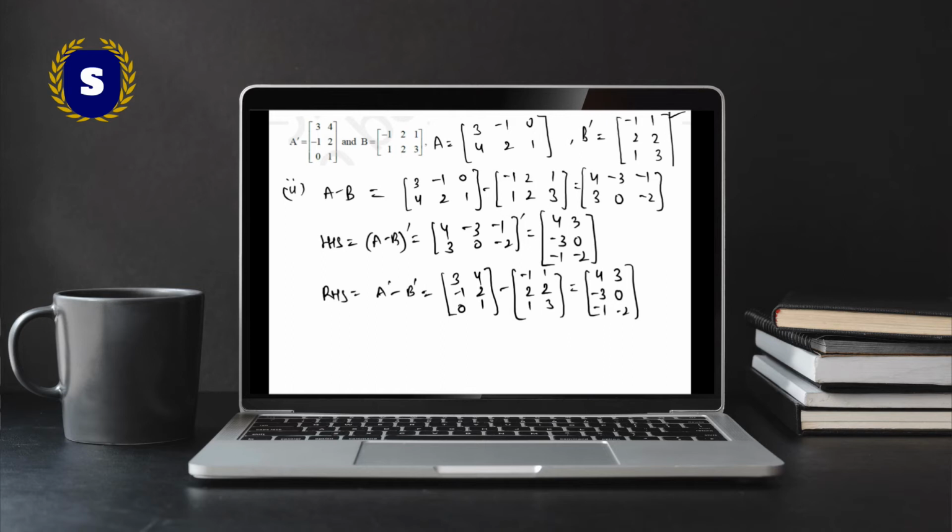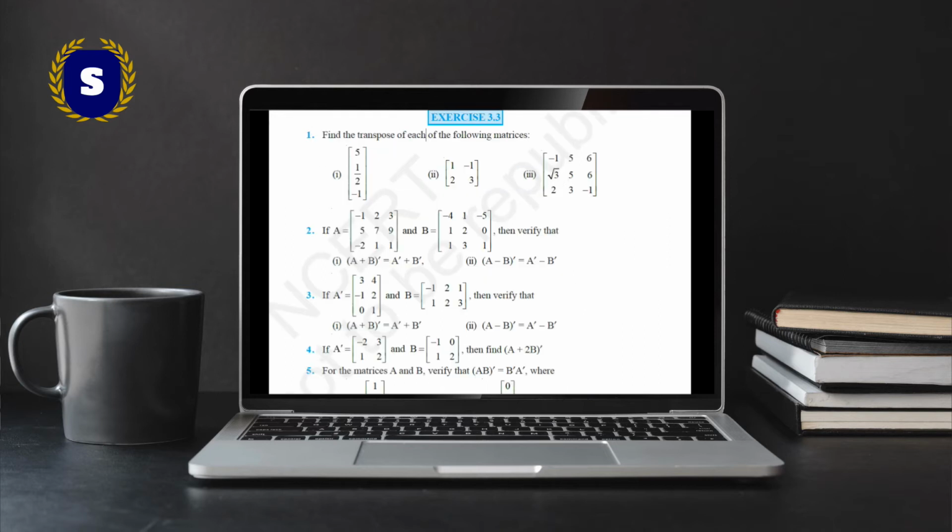So we can see here that both the matrices are equal. That is LHS is equal to RHS, or we can say (A minus B) transpose is equal to A transpose minus B transpose. Hence proved. Let us jump to the next question. Question number 4.